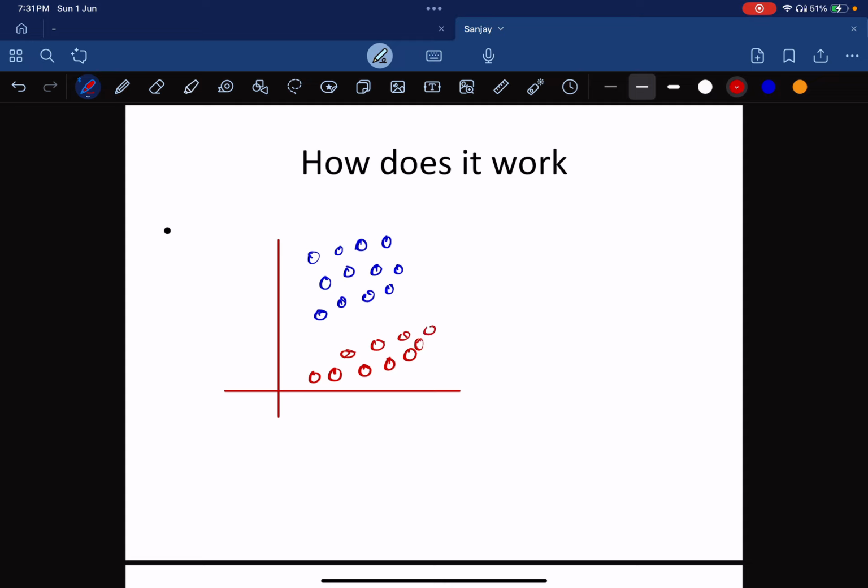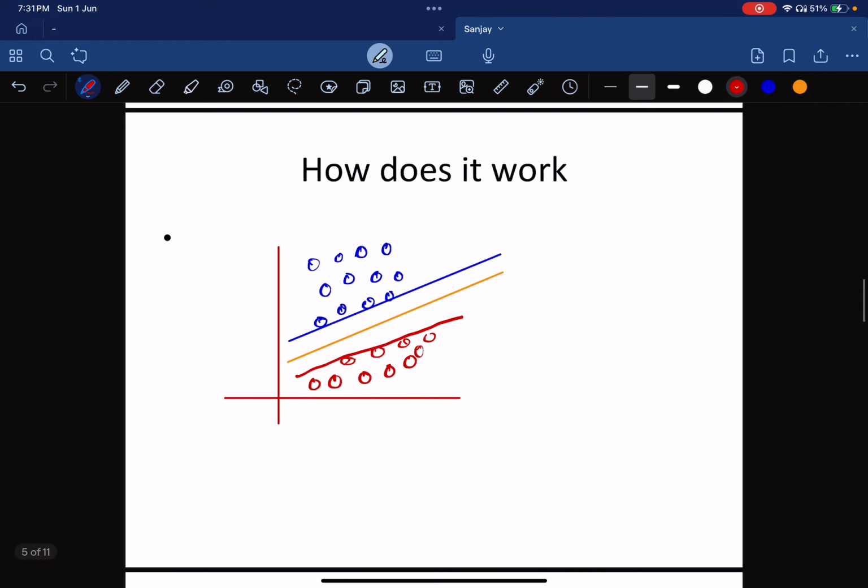Here we can linearly separate the classes. So if I draw the hyperplane, this is a hyperplane. This is the margin line for class 2, and this is the margin line for class red.